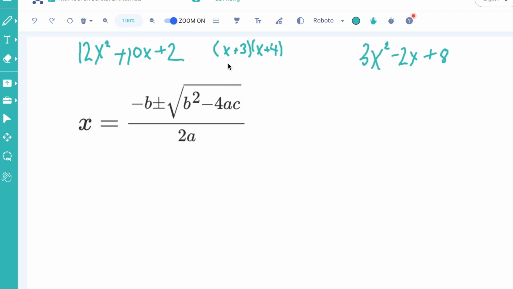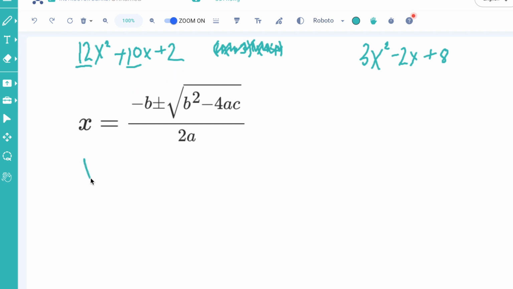All right, so let's plug in what we know. The number in front of x squared is a. The number in front of the x is b. And the constant number, or the integer at the end, is c.